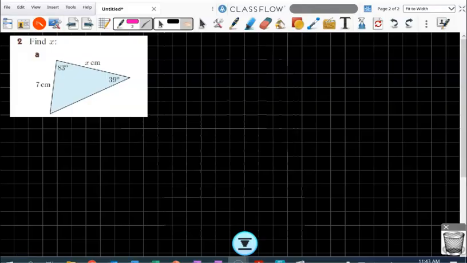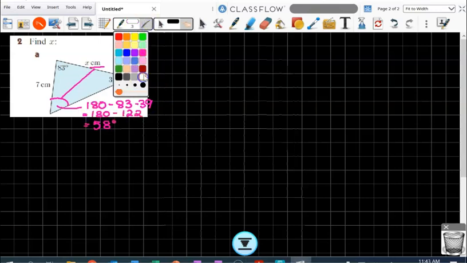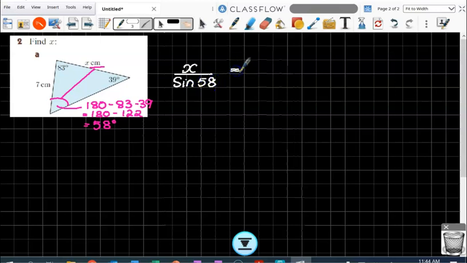Okay, so we want to find x, but alas, I don't have its opposite angle. However, we do have the other 2 angles here. So to get this angle, do we agree it's going to be 180 minus 83 minus 39? That means we have x over sine 58 equals, and now we need the known pair.